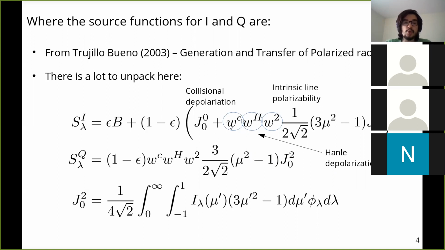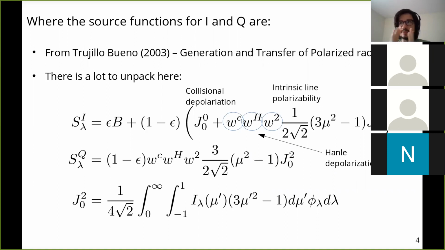But we also have 2 more constants that determine the amount of scattering polarization: WC, which accounts for the collisional processes, and W2, which accounts for something called intrinsic line polarizability, which depends on the angular momentum quantum numbers of the lower and the upper level. And we're not going to go into this. This is some number of order of unity.